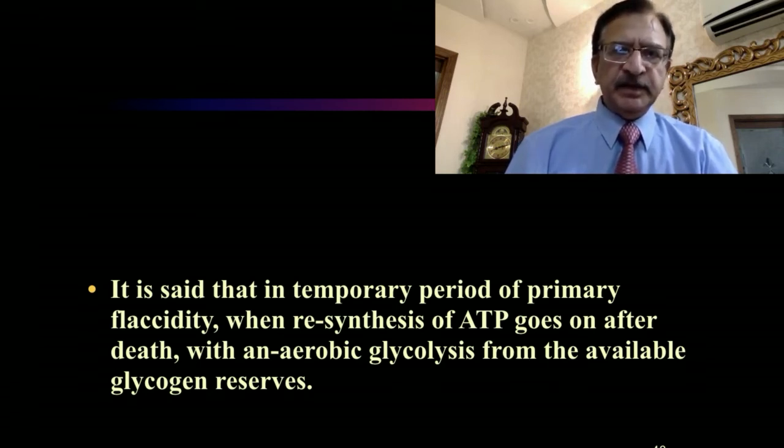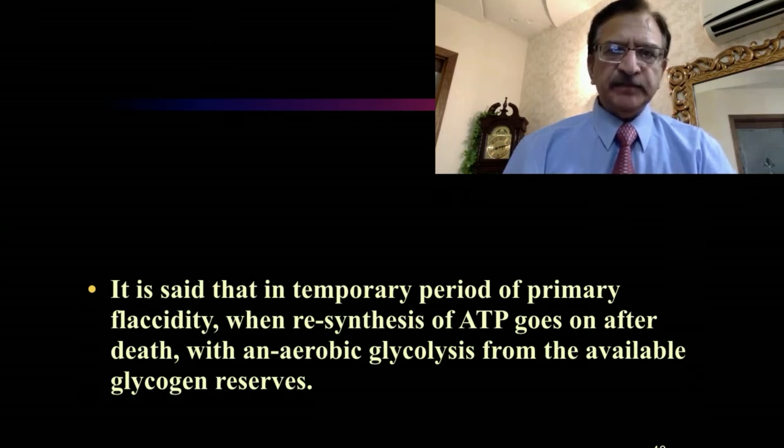Till that period, this is the factor which is responsible for maintaining the core temperature of the body for some time after death, and the similar process is responsible for keeping the body in a relaxed state after death till the glycogen reserves are available.